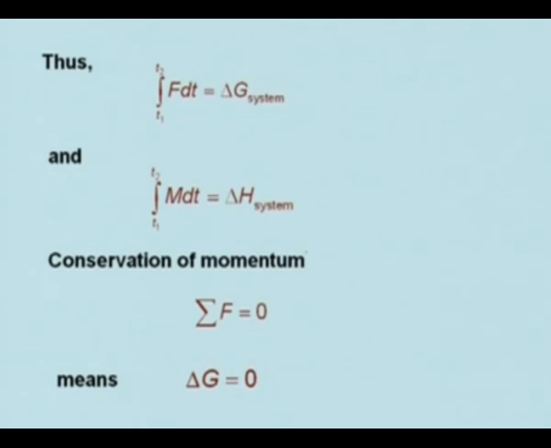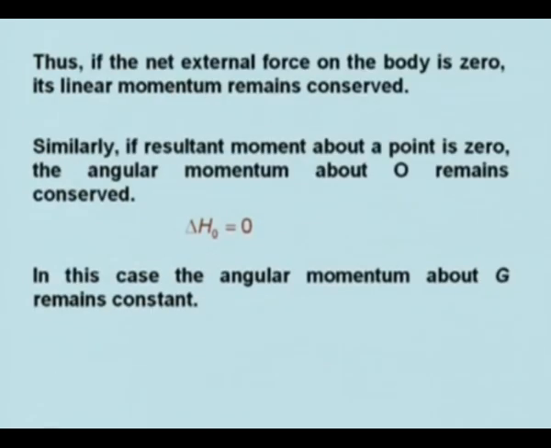If the net external force sigma F is 0, this means that delta G is equal to 0, that is, the combined linear momentum of the bodies or links connected together remains conserved, although their individual momentums may change. So combined linear momentum is this one.